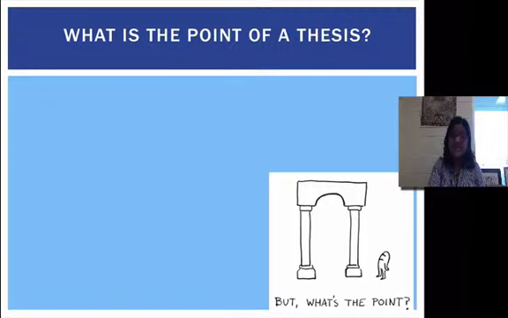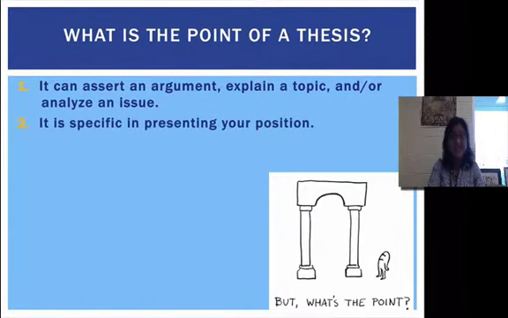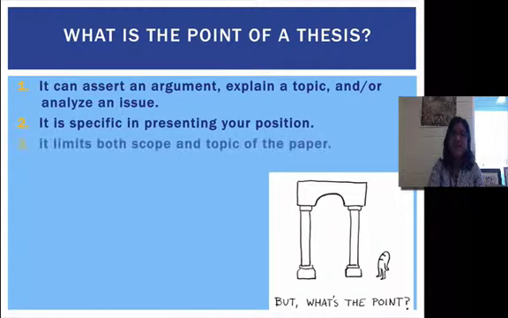So what's the point of a thesis? It can assert an argument, explain a topic, or analyze an issue. It is specific in presenting your position. It limits both the scope and topic of your paper, because remember, these topics like the foster care system, child nutrition, those are really broad topics, and as you found from your research on EBSCOhost, you can get 26,000, 40,000 hits if you just type that topic.